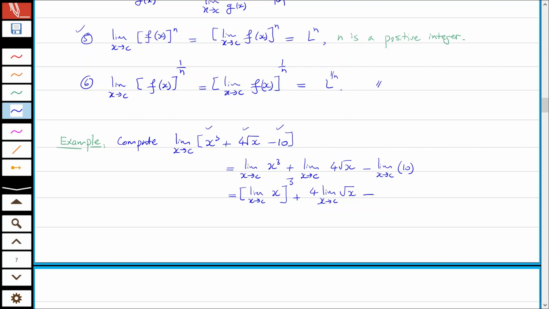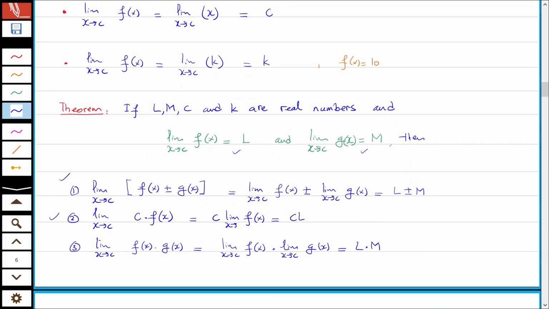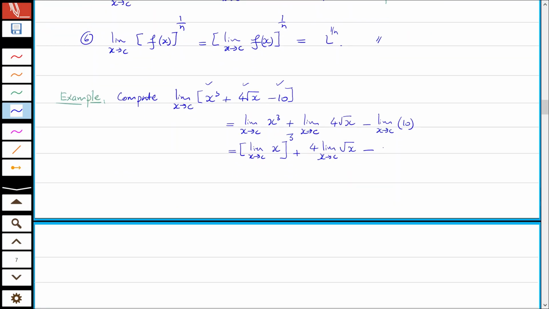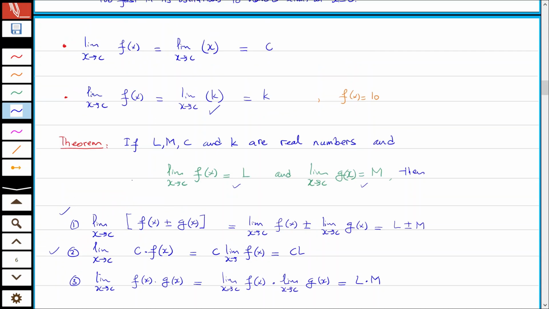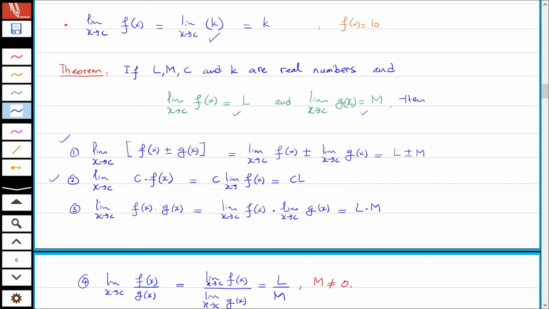Minus. Now I apply this property that we wrote over here, that limit of a constant function is the same function value. So in this case, I know limit as x approaches c of 10 would be equal to 10 because it's a constant. For the first one, limit x approaches c of x, that's again the property that we wrote at the top. This is equal to c.